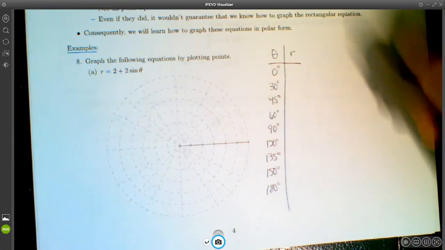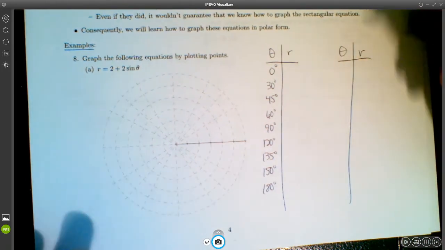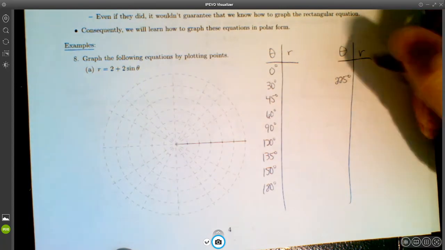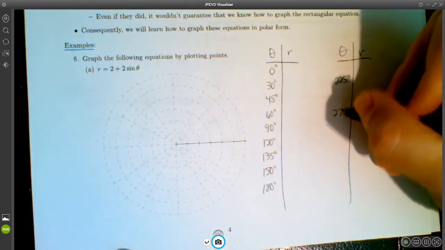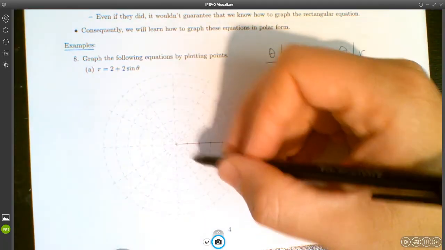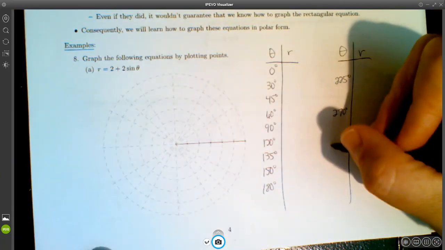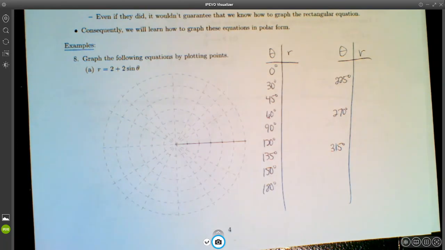That'll get me halfway around. I want to get all the way around though. So I'll tell you what, I'm going to skip some. I'm going to do 180, then I'm just going to do 225, 270, and then, oh, what is this? 270 plus 45, so 315, right? I'll come back in and fill in some more if I need to. But I'm just going to plug these in here and see what I get.